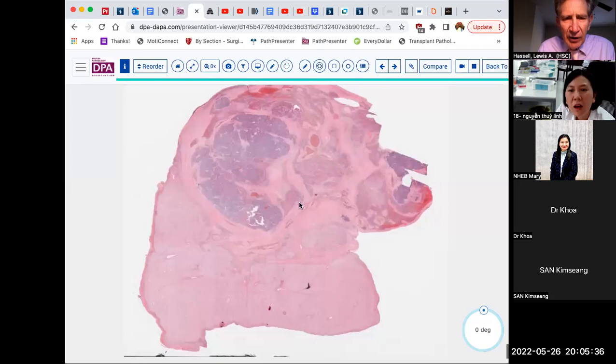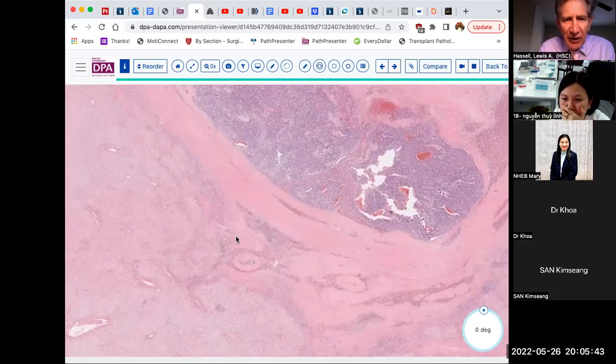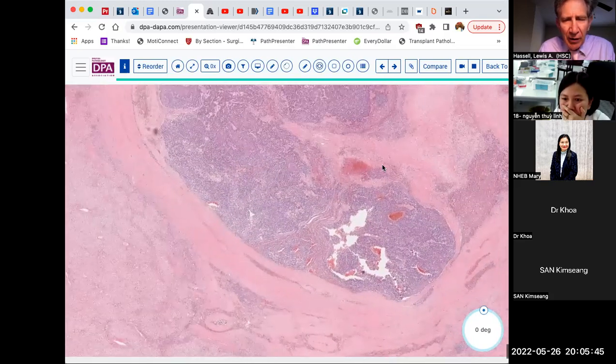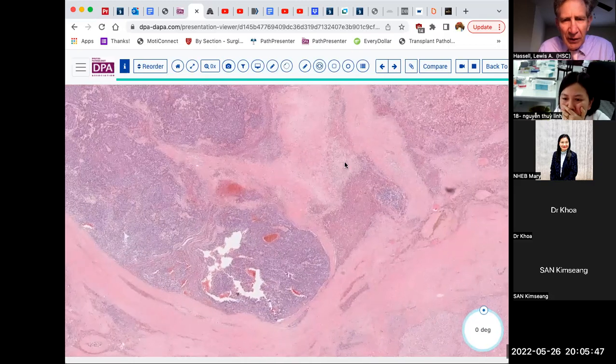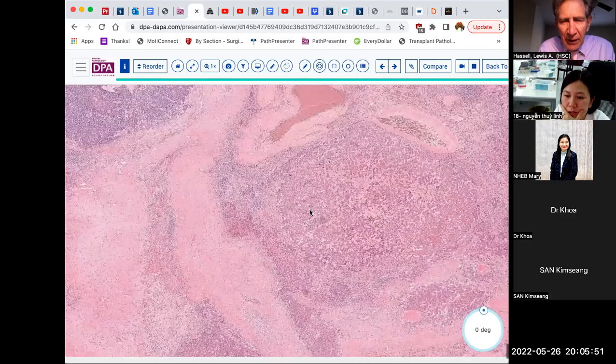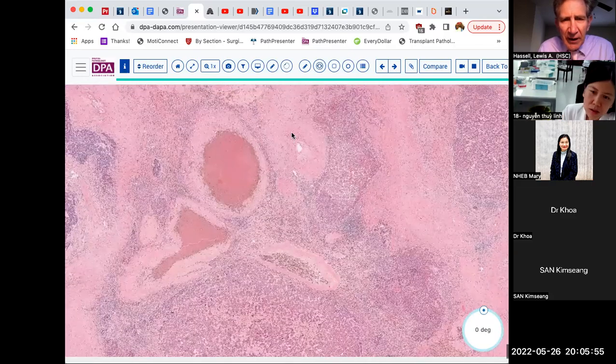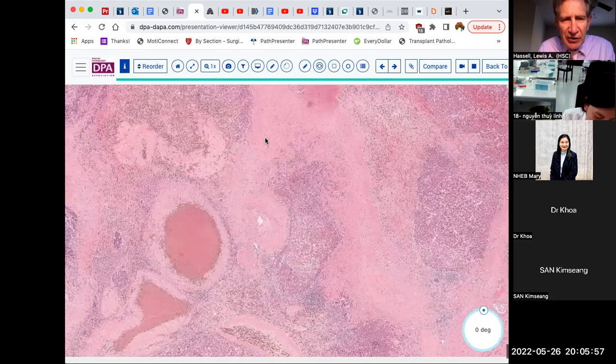So the slide that we're going to go to next is a resection. And here we can see normal liver down here at the bottom. And then we see a very blue area up here, somewhat pinker transitional area over here, some areas of hemosiderin, hemorrhage, and variable fibrosis here.